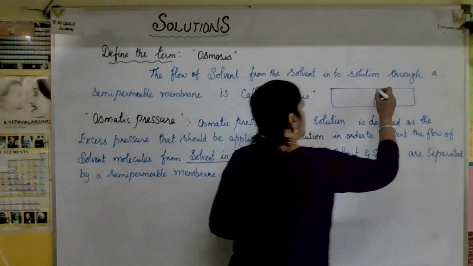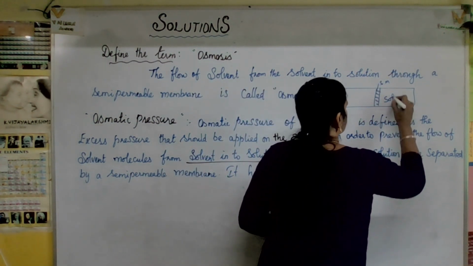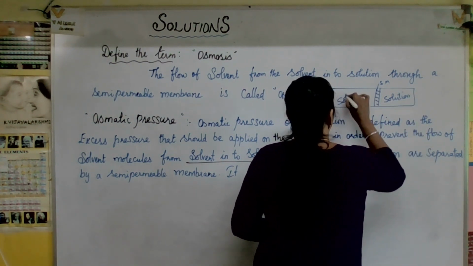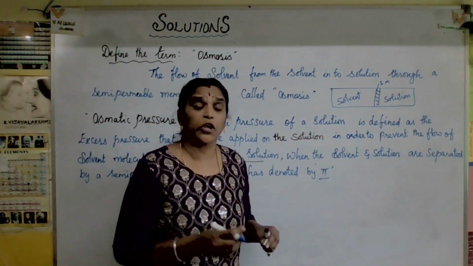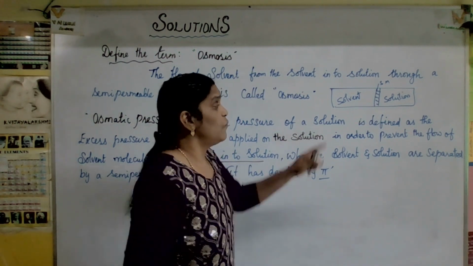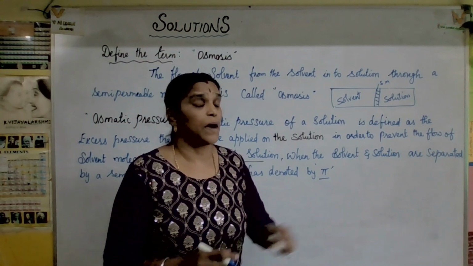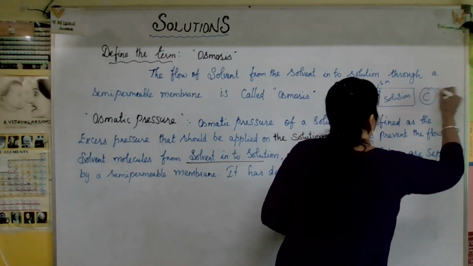One part is a solution and the other part is a solvent. The solvent concentration will be lower, whereas in the solution part the solvent and solute are combined together, so naturally the concentration will be higher.